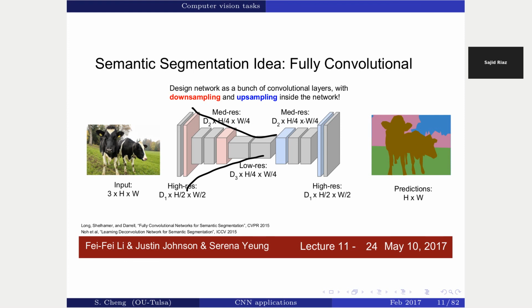But this is something new for us, where we go back up with upsampling to make it bigger, eventually going back to the original size. Here we can save lots of operations by making it thinner in the middle. But then the question, of course, is how do we do this upsampling?